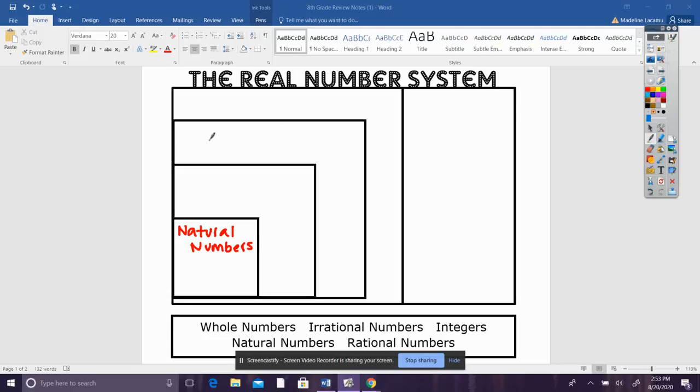In our next square, we're going to have the whole numbers. And in just a second, I'm going to give some examples of each of these. On the next square, it's going to be the integers. And then our last one will be our rational numbers.